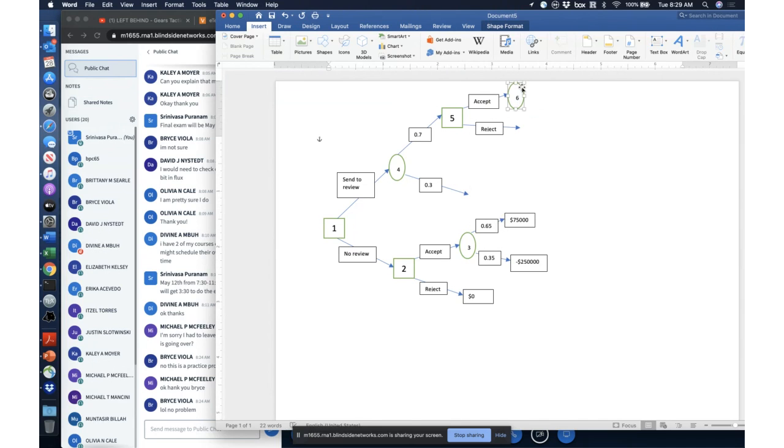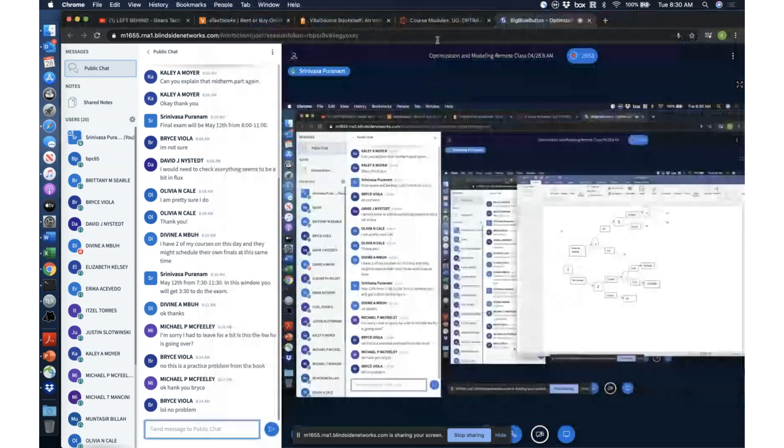I always mess up with these arrows. So again, the favorability and unfavorability, now the probabilities are different.